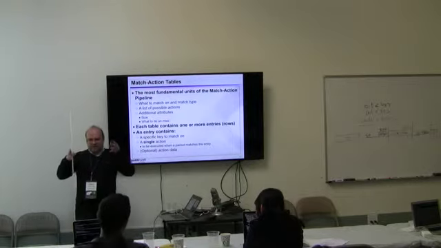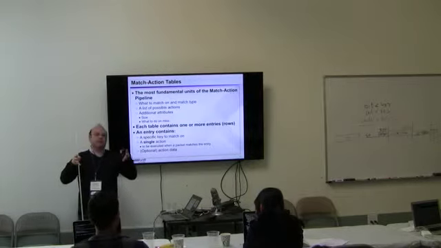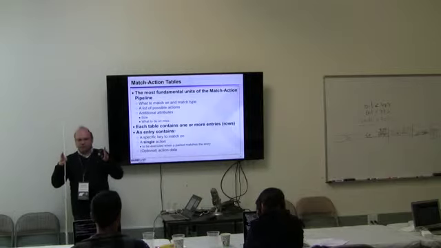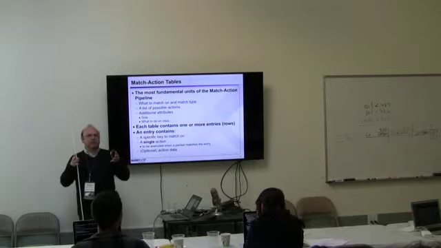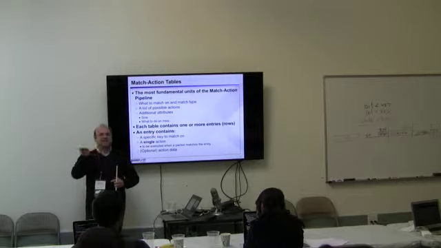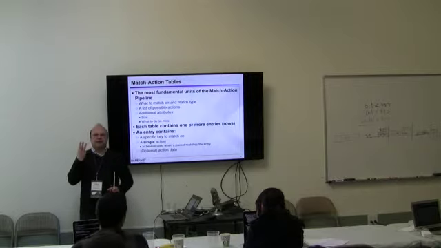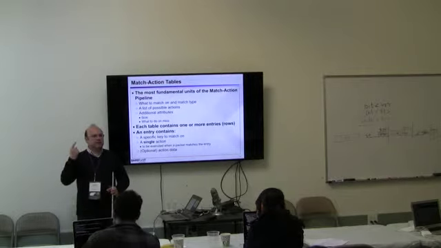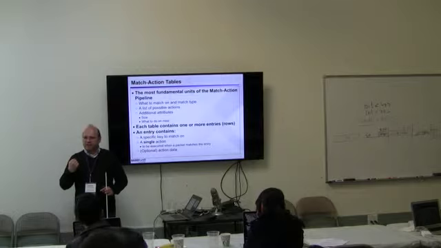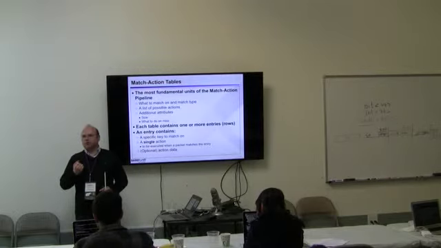Tables are fairly abstract in P4. The way to think of them is really like tables, those rectangular data structures. They consist of entries, and each entry has 3 fundamental parts. The key: what do we match on? The action: what would you like to do if there's a match? And then the action data, the parameters of the action.